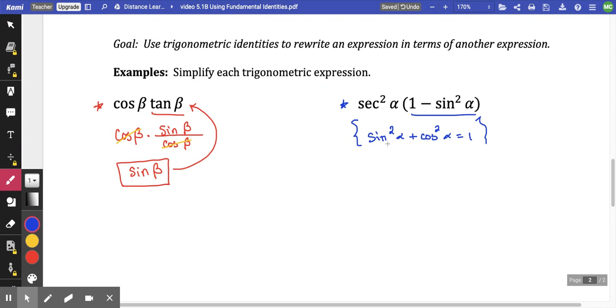Now, if I manipulate this one just a little bit, I can make it look like that one. So if I were to subtract sine squared of alpha once from each side of this identity, then it would say cosine squared of alpha is equal to 1 minus sine squared of alpha.